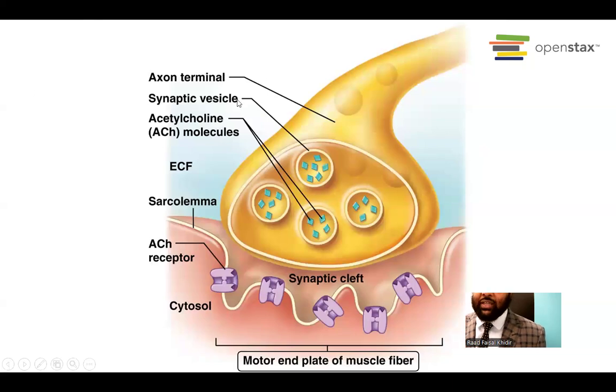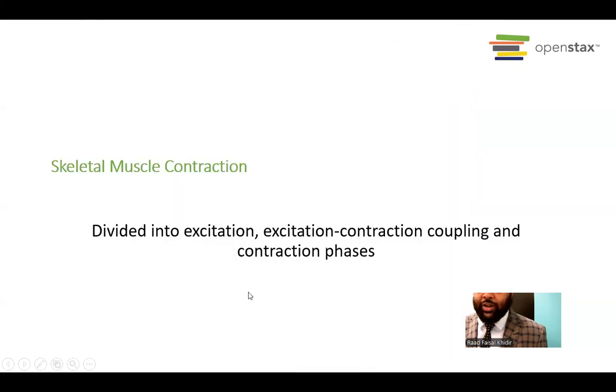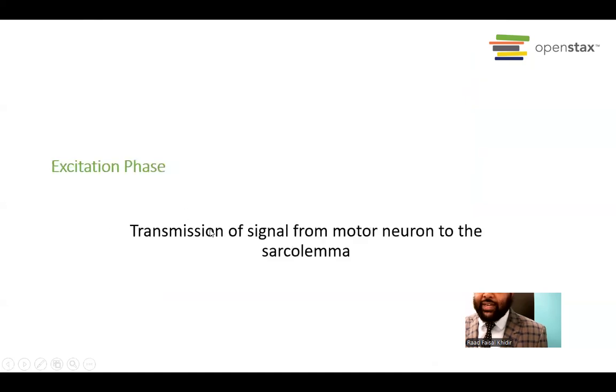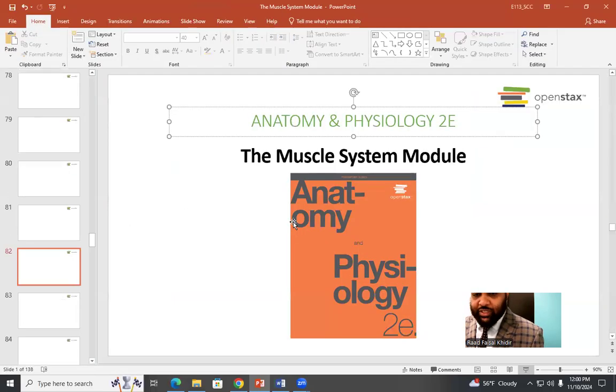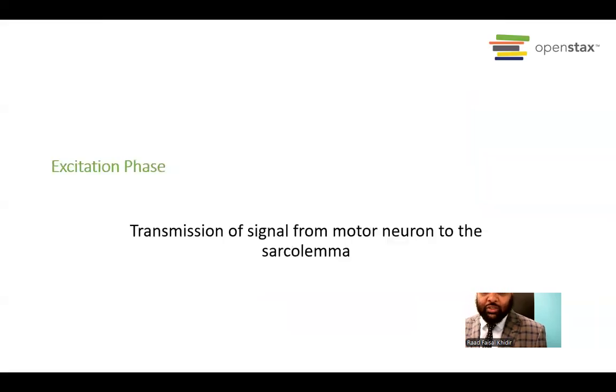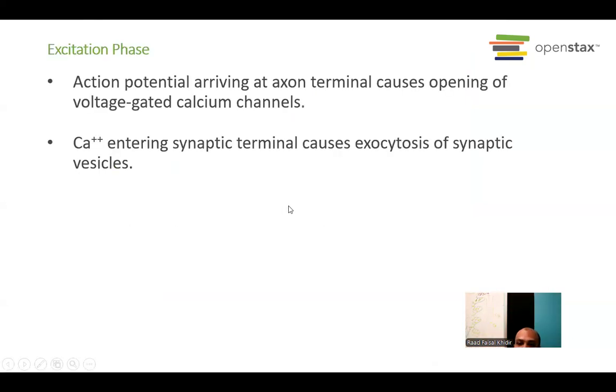So you see, that's the motor end plate, and the excitation phase is the transmission of the signal from motor neuron to the sarcolemma. The action potential arriving at the axon terminal causes the opening of voltage-gated calcium channels.